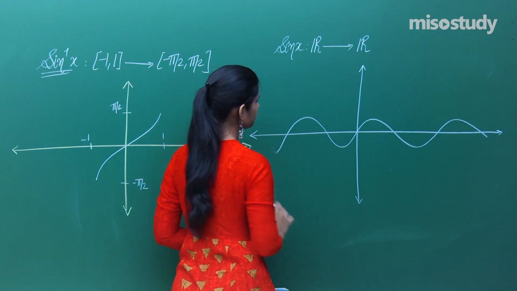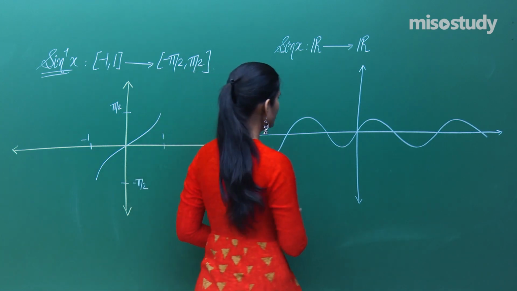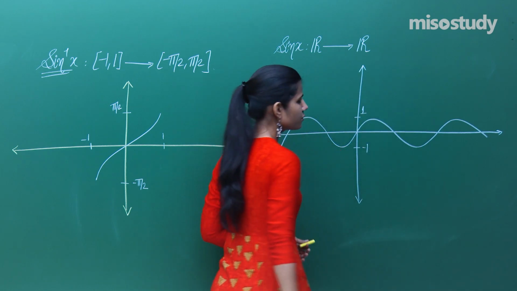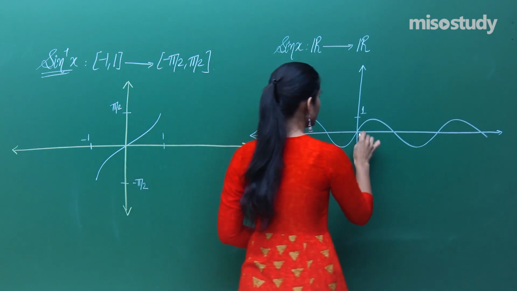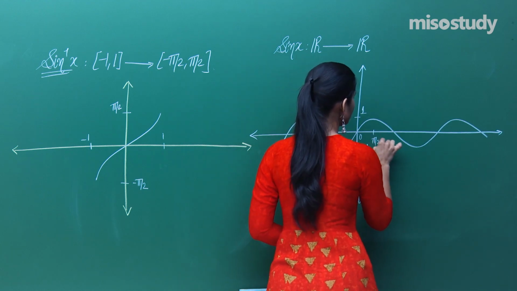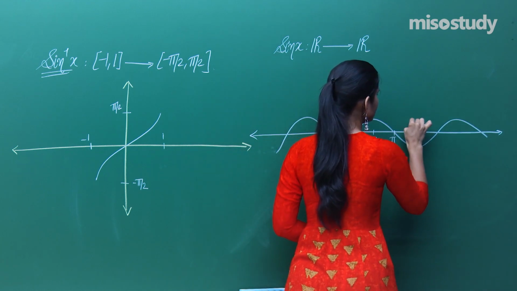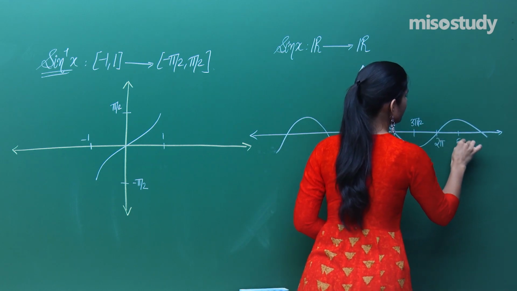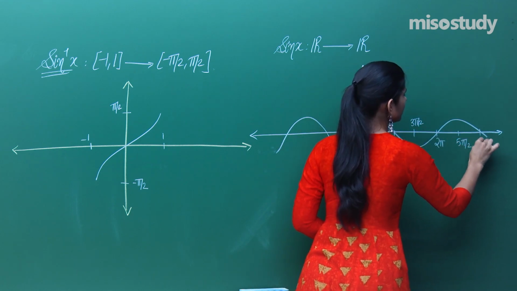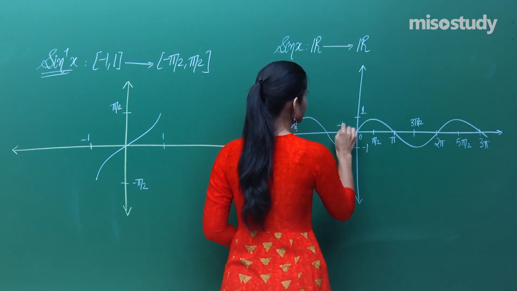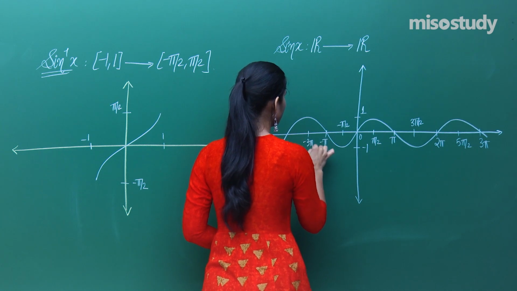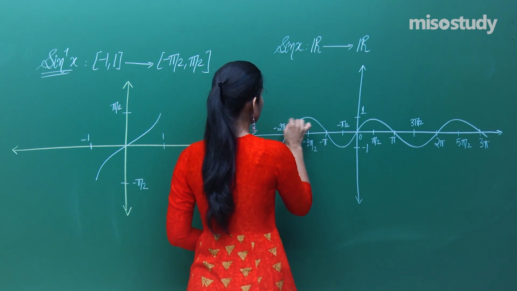Here the maximum height was 1, the minimum was minus 1, this is 0, this is pi by 2, this is pi, this is 3 pi by 2, this is 2 pi, this is 5 pi by 2, this is 3 pi. So on here as well: this is minus pi by 2, this is minus pi, this is minus 3 pi by 2, this is minus 2 pi, and so on.